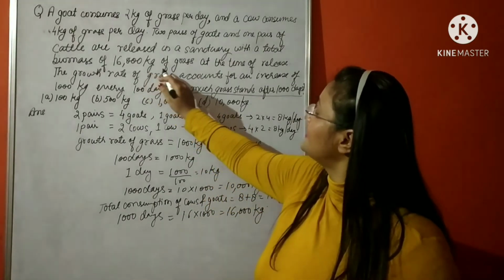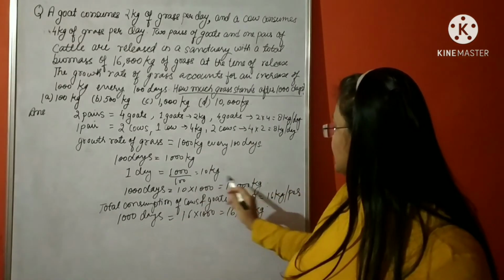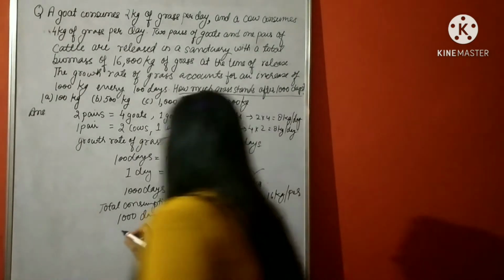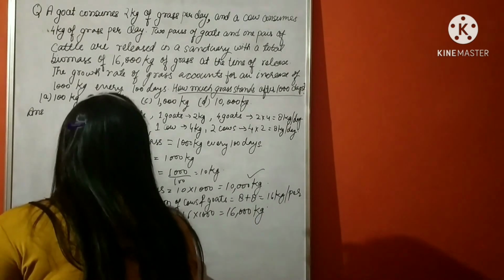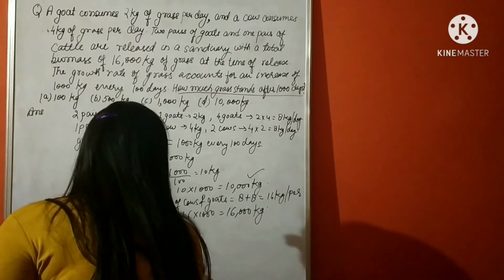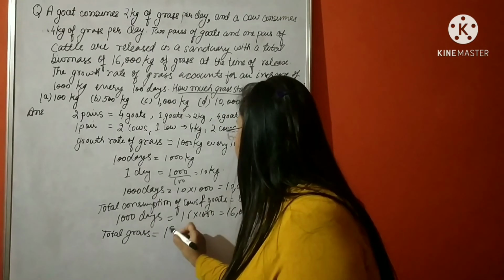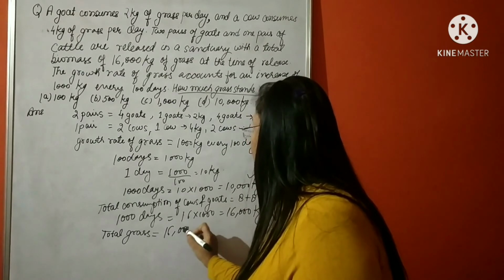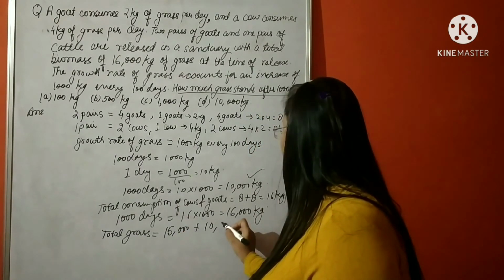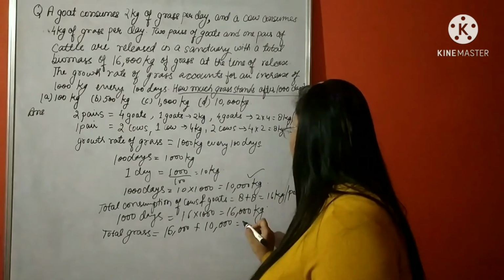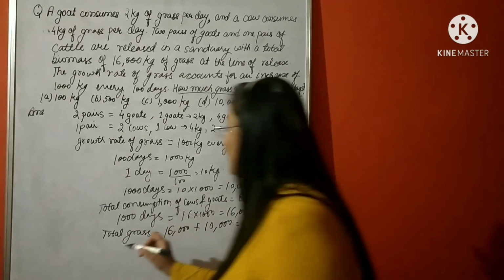That will be 16,000 plus 10,000, which is the increase. The initial value was 16,000 kg plus the increased value of 10,000. So it is 26,000.